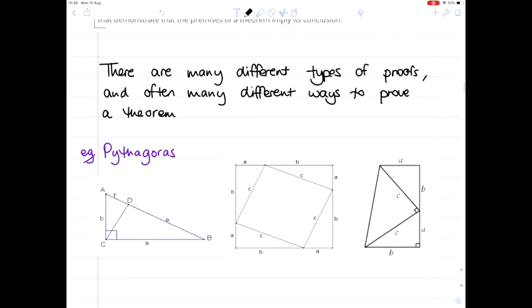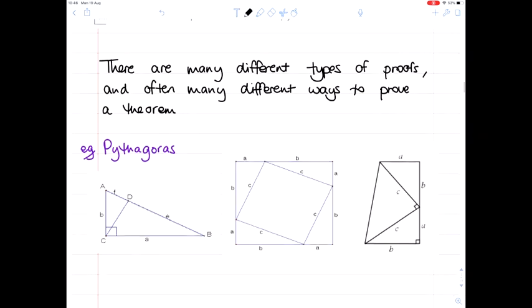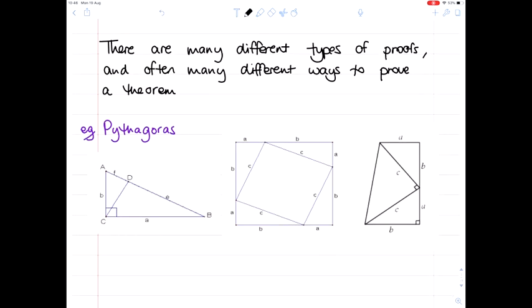Now, one of the things that it's important to realize is that there are many different ways of proving things, and there are also many different types of proofs. For example, if we look at Pythagoras' theorem, each of these diagrams leads to a different proof of Pythagoras' theorem, and these are just 3 among hundreds of different ways of proving the theorem. So if you're feeling bored, see if you can figure out proofs for each of these.